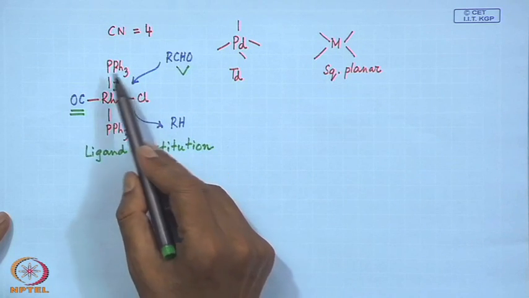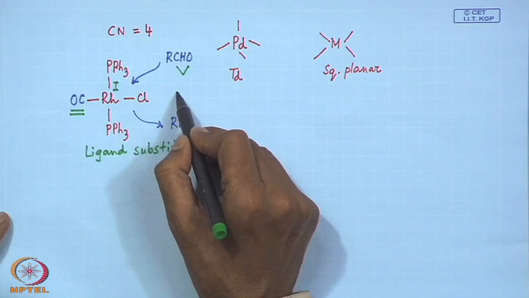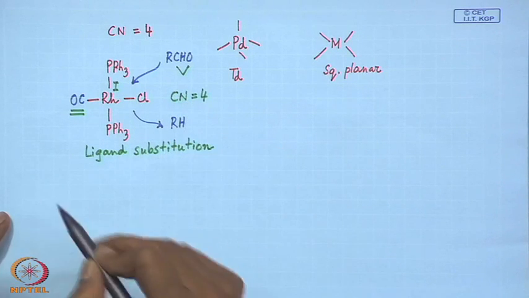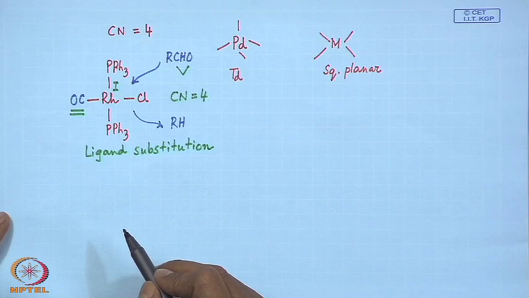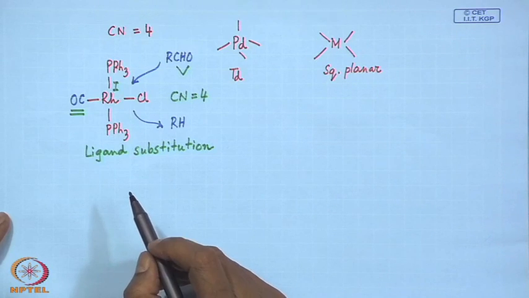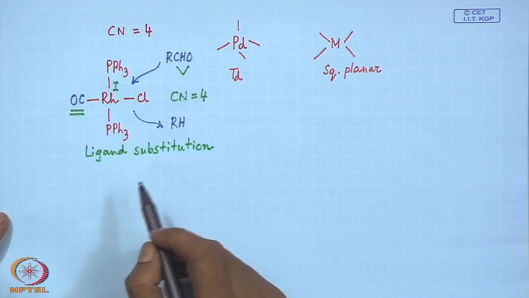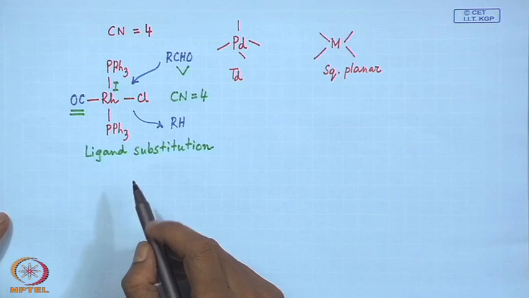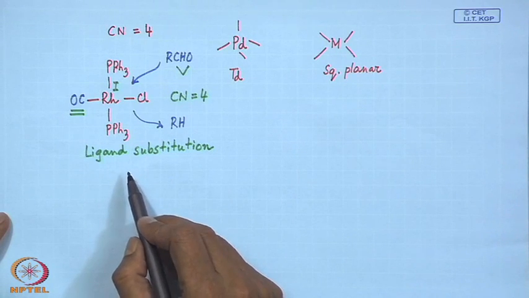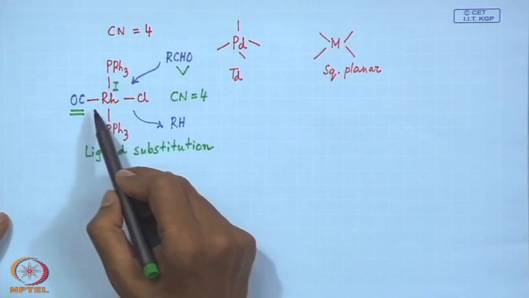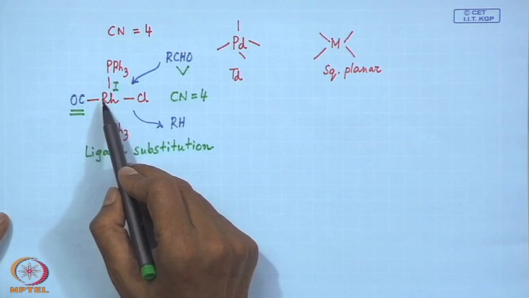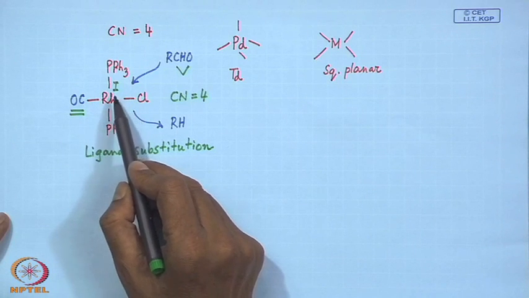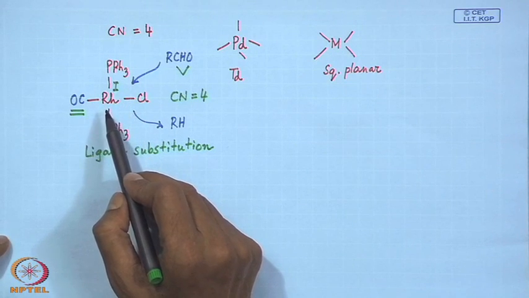That is why it has the preference for the original coordination number of 4, and it will remain as a square planar molecule. So, there is no ligand addition reaction, that means both the phosphine as well as the carbon monoxide are not occupying positions around the rhodium center.